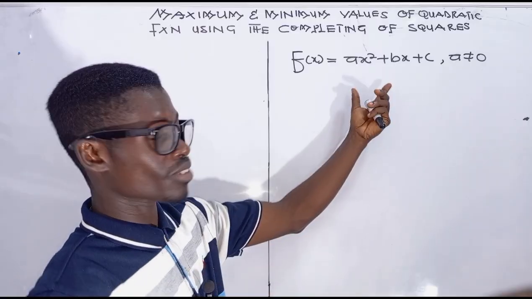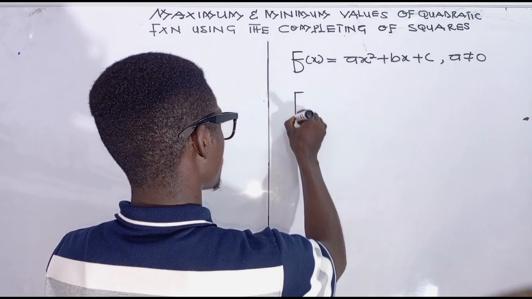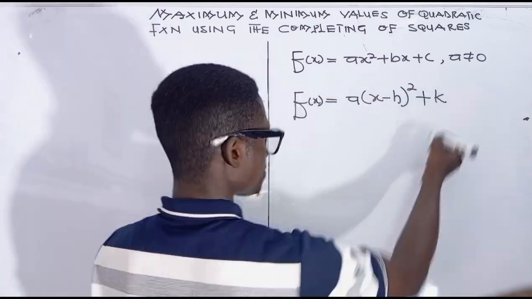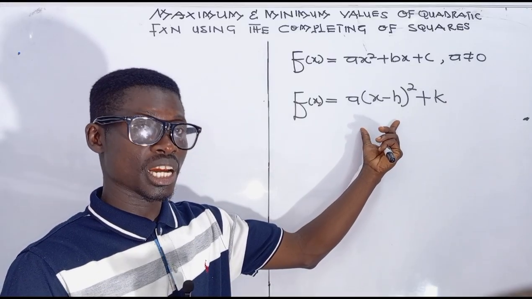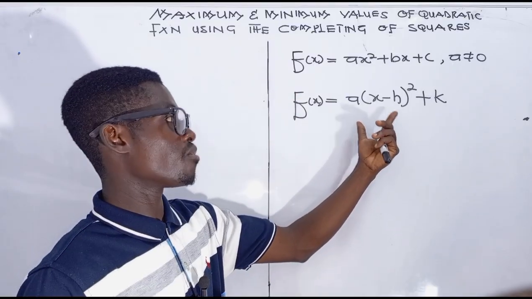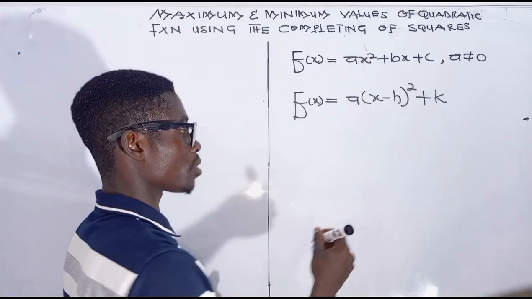The standard form of this quadratic function is also given as a(x minus h) squared plus k, so this is the standard form of the quadratic function, and we can obtain the minimum or the maximum value from this standard form. The key here is the minimum or the maximum value.